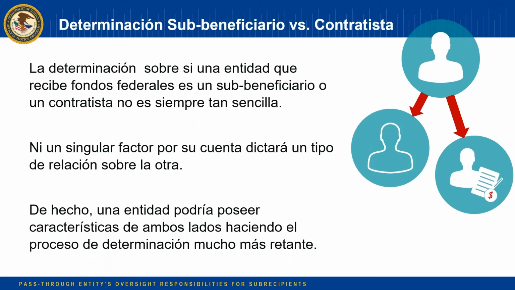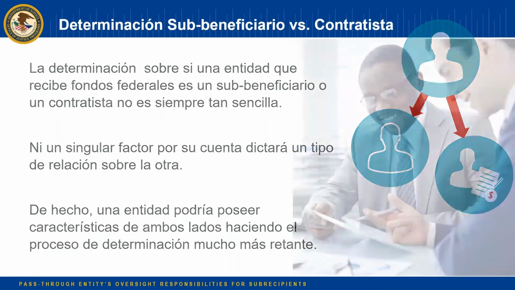So this makes that whole process challenging in order to determine which is a subrecipient or a contractor. The federal awarding agency is always able to assist if you're having problems making that determination.